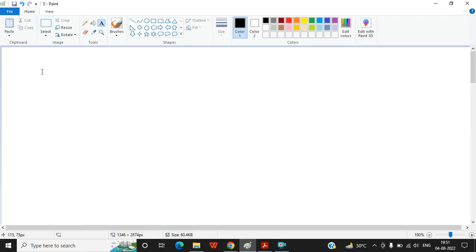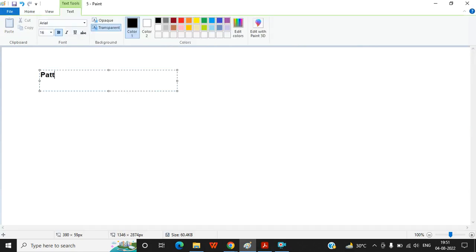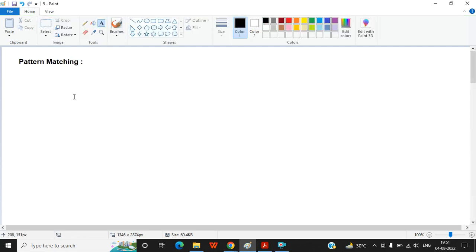Suppose you have... we can do pattern matching in many different ways, but here we are applying the brute force technique. What is pattern matching?